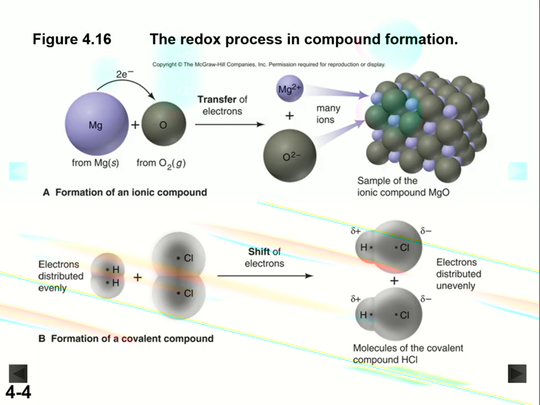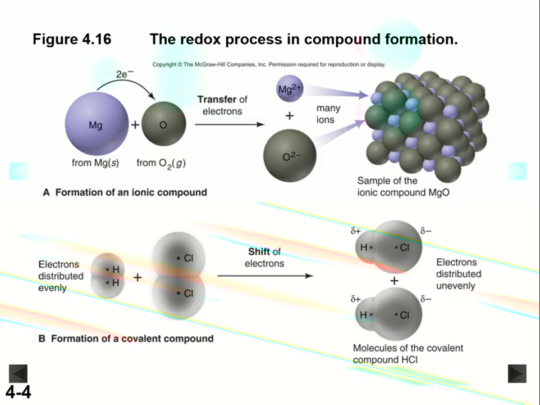You've already seen redox reactions, so they'll be familiar to you. We just didn't describe them as such. So if we take a metal and a nonmetal and react them, we very often form an ionic compound. So magnesium will react with oxygen. Magnesium is a group 2 alkaline earth metal.